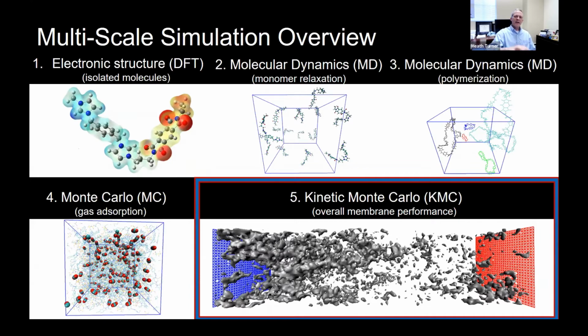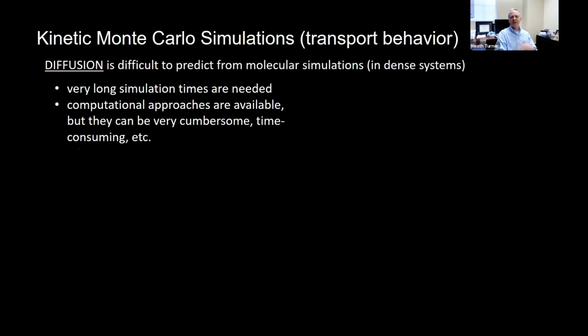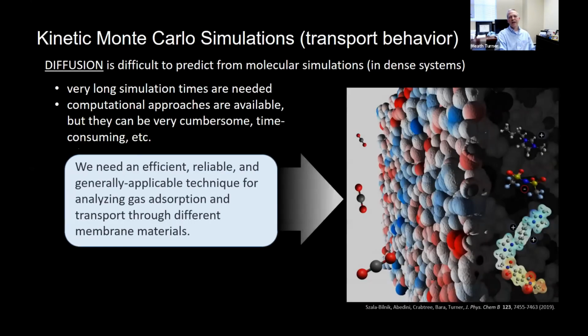This is a multi-step process, but I really want to fast forward to the end here, where we're integrating some of the MD information with these kinetic Monte Carlo models. I'll skip through this slide for brevity.